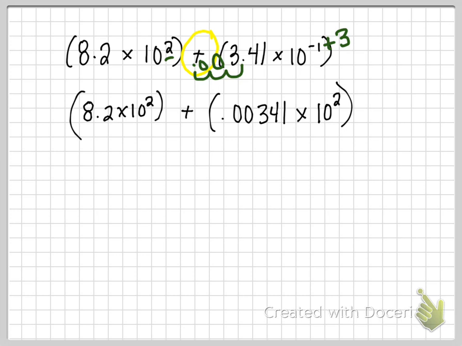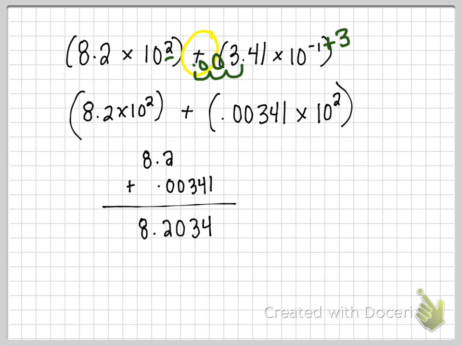Now we've got our exponents the same, so we can just do our addition of our factors. 8.2 plus 0.00341 is 8.20341 times what? 10 to the second, because that's what we had when we started.